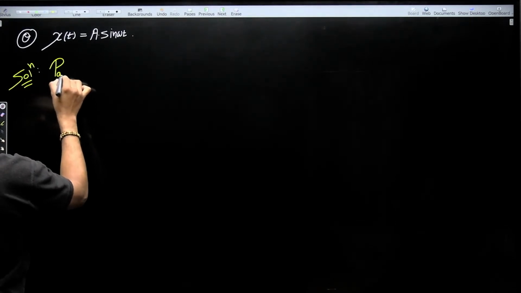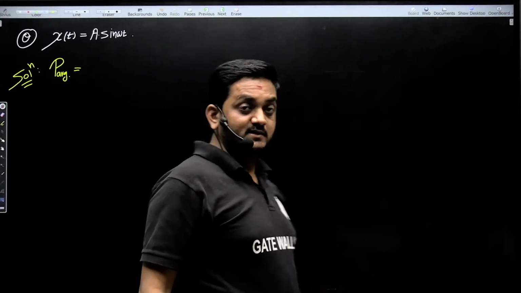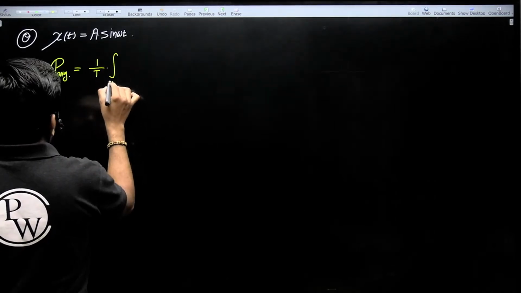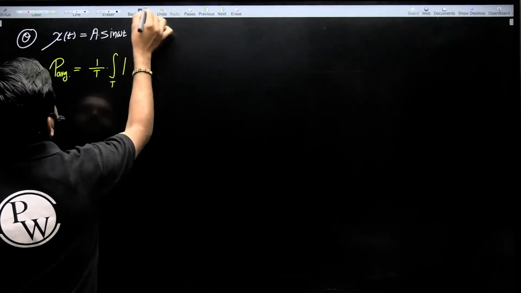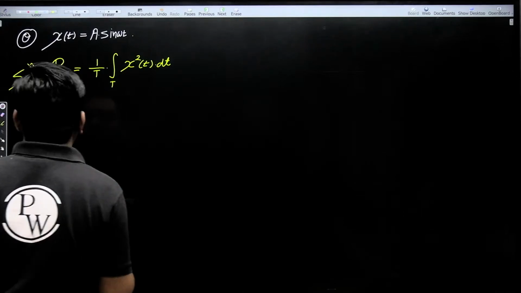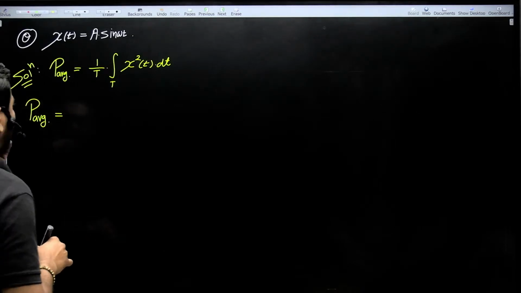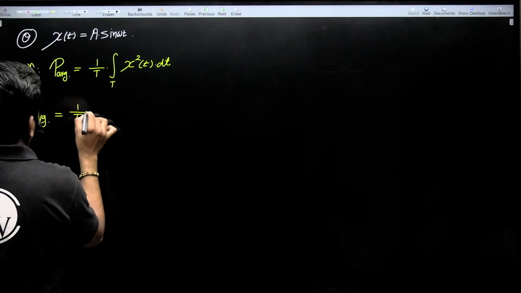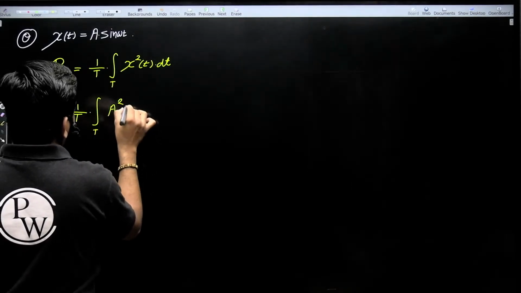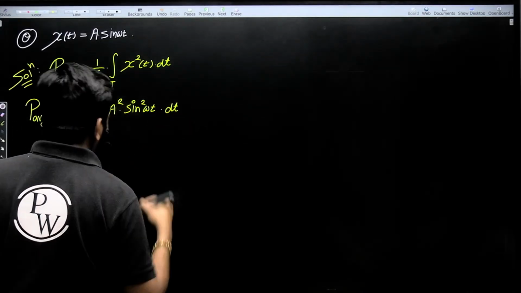As this sinusoidal function is a periodic signal, the average power is 1 by T integration over a fundamental time period. As this is a real valued signal, we need not take the modulus: x square of t dt. So the average power is given by 1 upon fundamental time period, integration over a fundamental time period, a square sin square omega t dt.